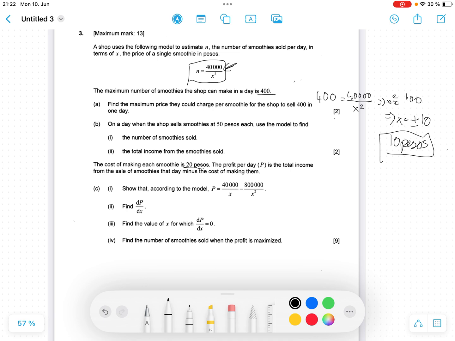Now part B1 says on one day when the shop sells smoothies at 50 pesos each, use the model to find the number of smoothies sold.